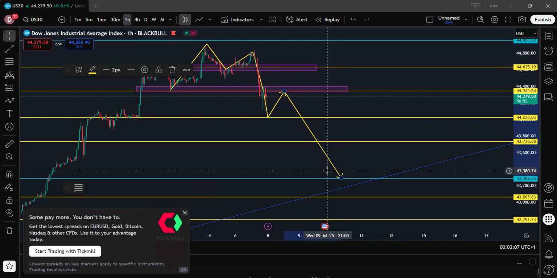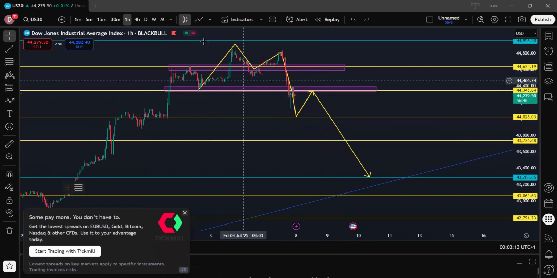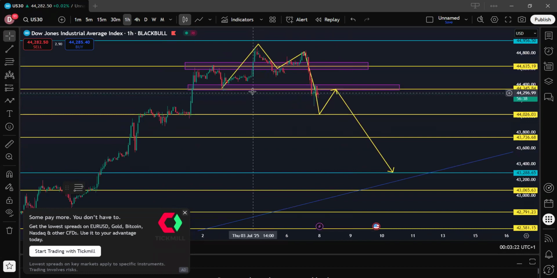So we'll just have to see how things play out. Today is obviously Tuesday. So these are really crucial zones to take into consideration, and make sure that you are keeping track within the markets.